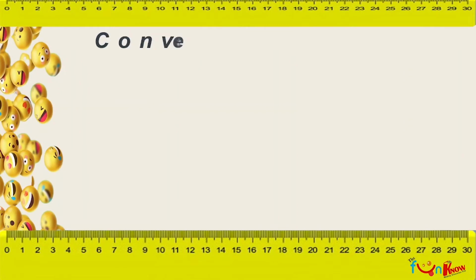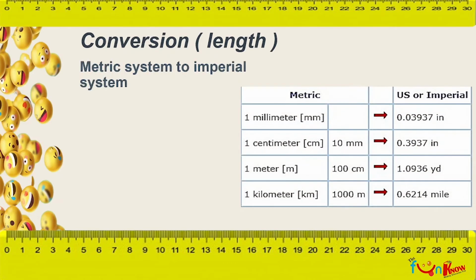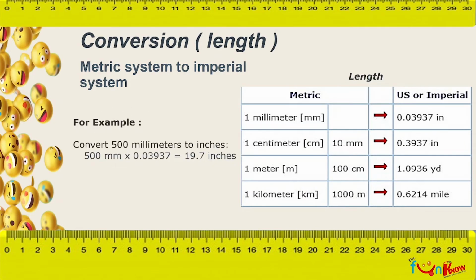So now let us see the conversion of these different systems in terms of length, metric system to imperial system. You can see here, students, 1 millimeter, which is also written as 1 mm, will be 0.03937 inches.